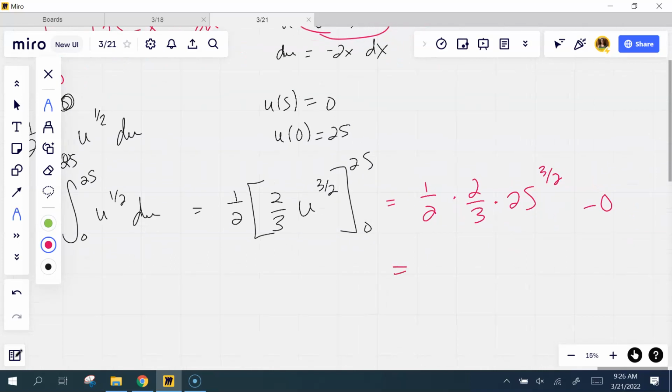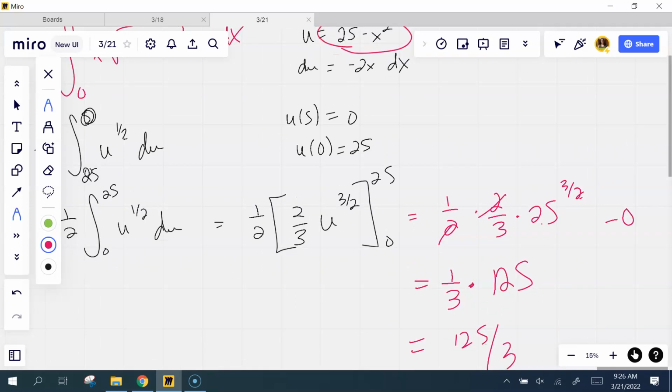Okay, so I get 1/3 times the square root of 25 is 5, and 5 to the 3rd is 125. I left it there. 2 points. You got 2 whole points for finding the antiderivative correctly. Then you got 1 point for the answer. So here, 1 point.